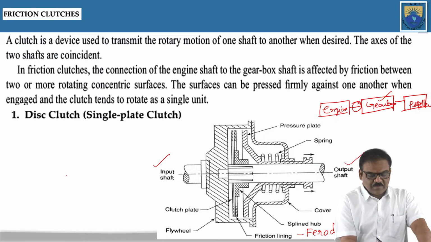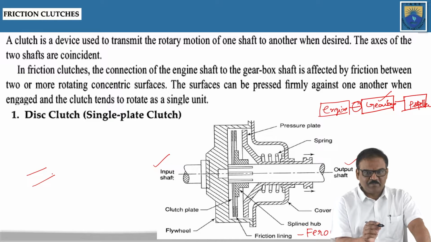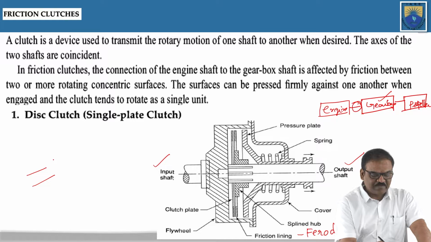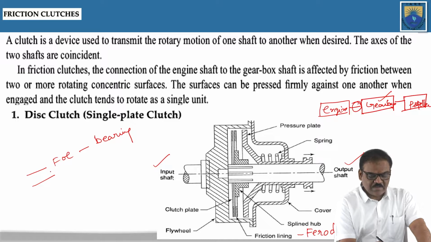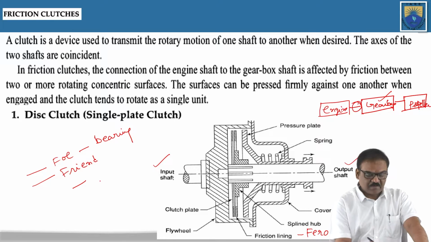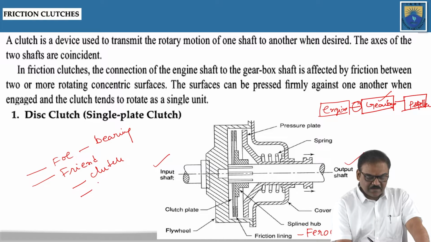When it comes to the materials, definitely friction plays an important role. Friction is considered a foe in the case of bearings. Friction is considered a friend in three areas: the clutch, the dynamometer, and brakes.